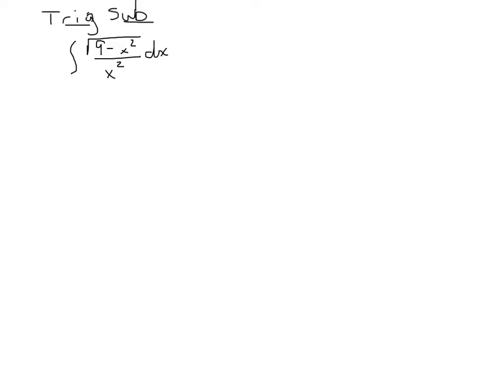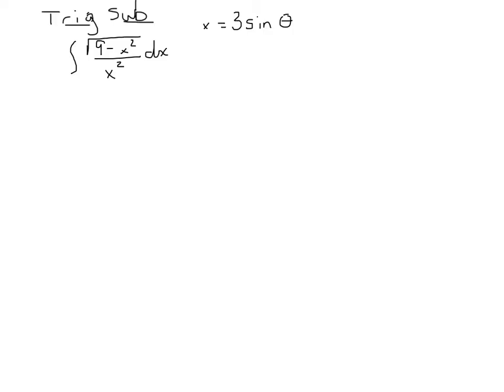We are going to substitute in for x 3 times the sine of theta. I'm going to show you two different ways to look at why this substitution works. The key is that it's going to get rid of that square root in our integral. That square root is causing a lot of issues.